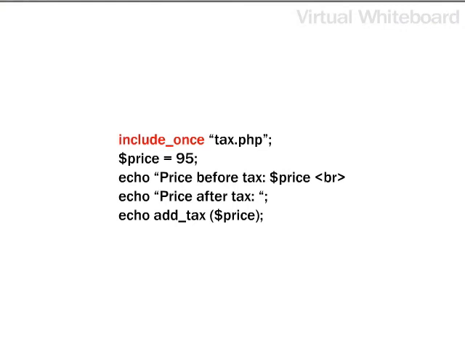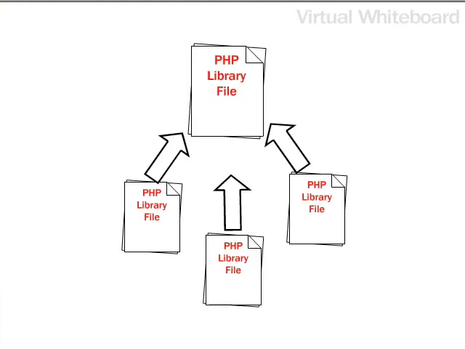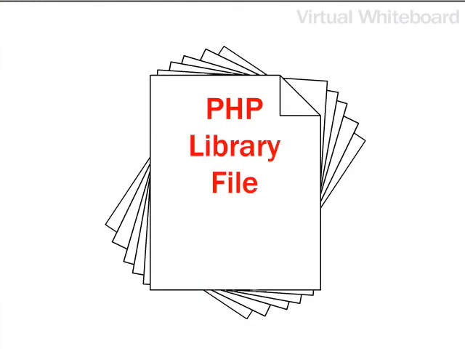If a script attempts to define the same function a second time, an error will result. Using include_once helps to avoid this, especially when files are being included from other library files. Another good tip: it is better to have a library file that includes several other files, each containing a few functions, than to have one huge library file.